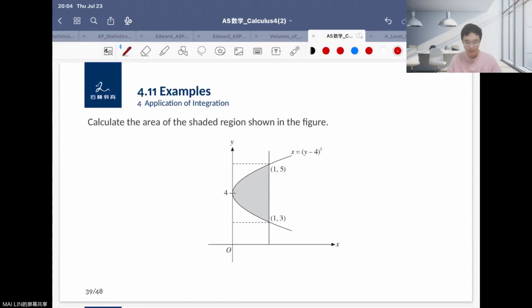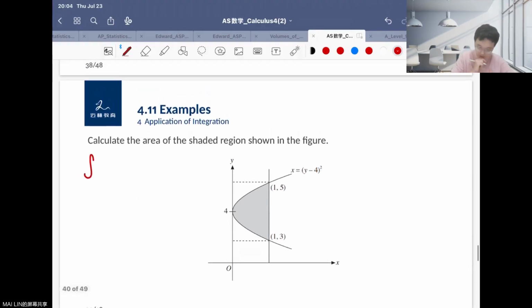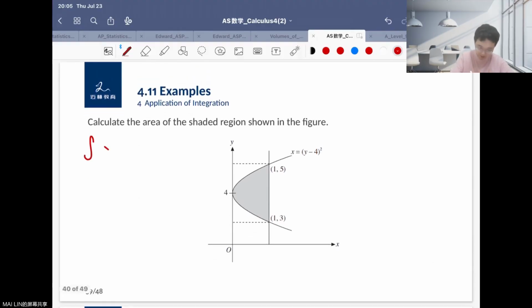For this problem, x equals (y minus 4) squared, and we try to find the area between the straight line and the curve. First we calculate x dy.